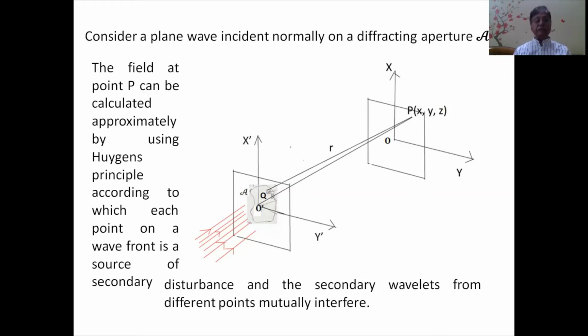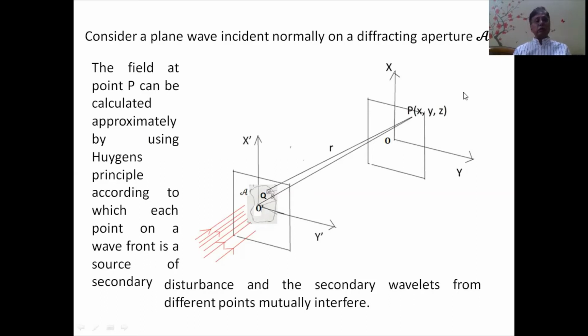And when these waves propagate in the medium, the wavefronts that come out from different parts of this aperture superimpose everywhere in the space wherever they reach. We consider one such point, P(x, y, z), in the plane xy. This we call the field plane. Here we have the source plane, and here we have the field plane.